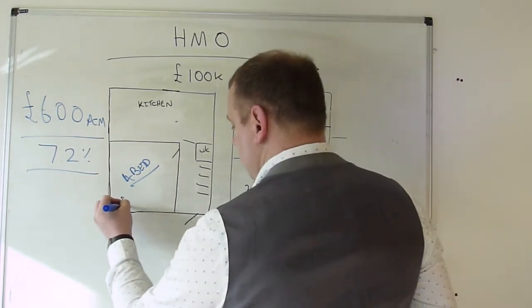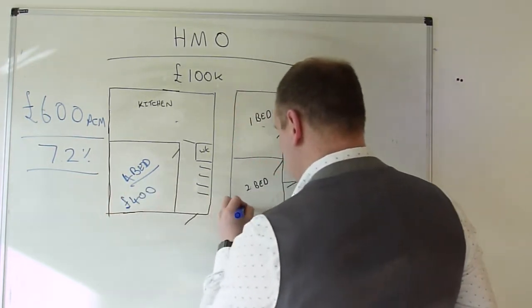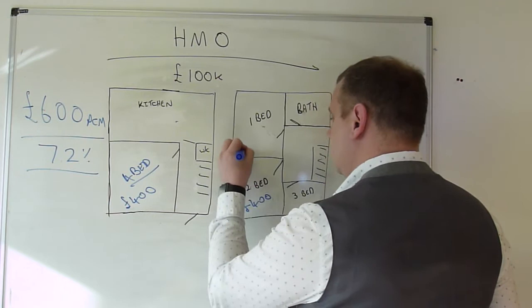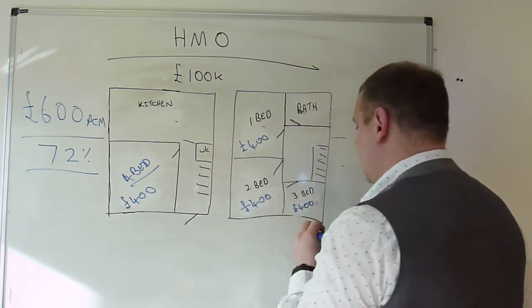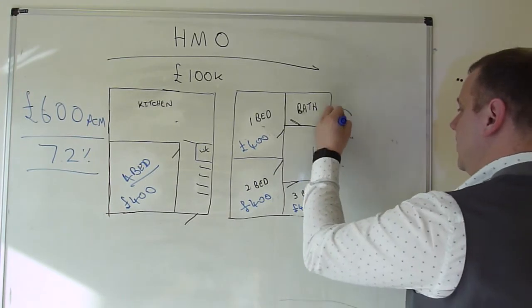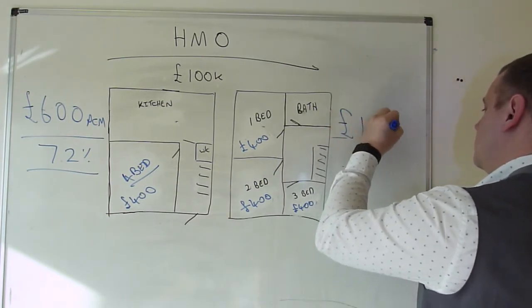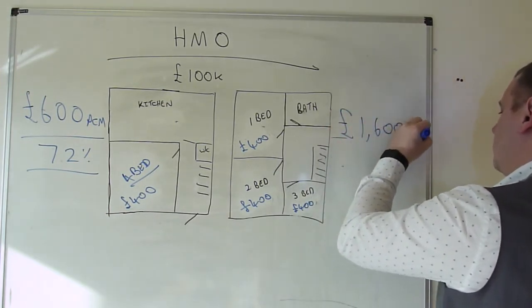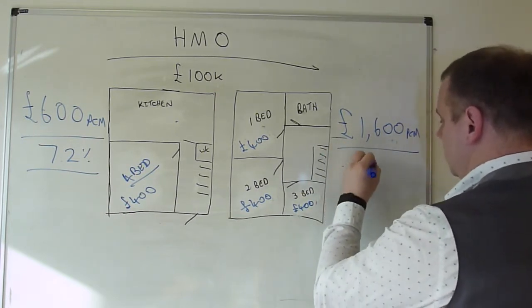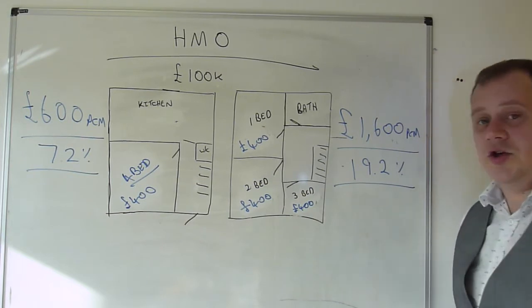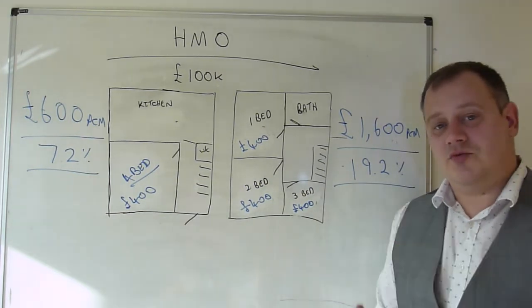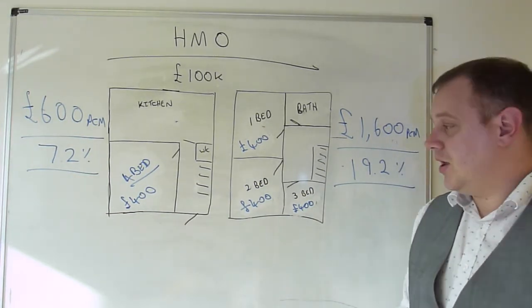So we've got 400 here, 400 there, and there, which gives us a rental income of £1,600 per calendar month, which increases the yield to 19.2%. So it's a massive uplift in your rental potential of that property.